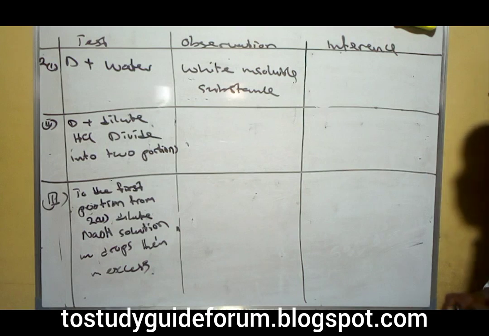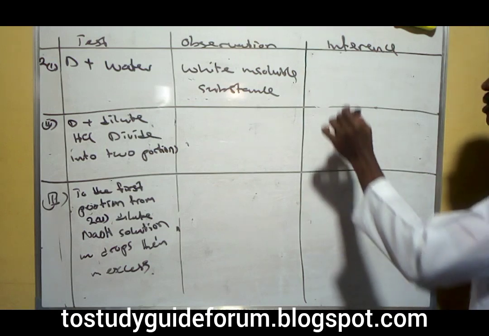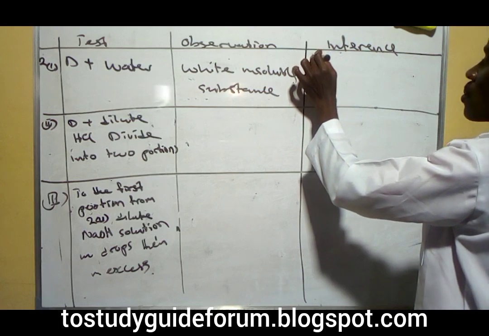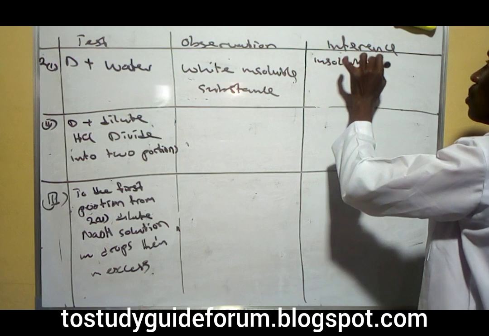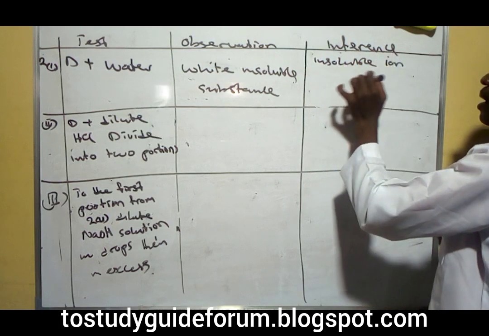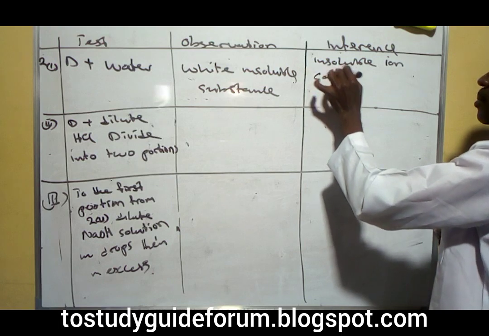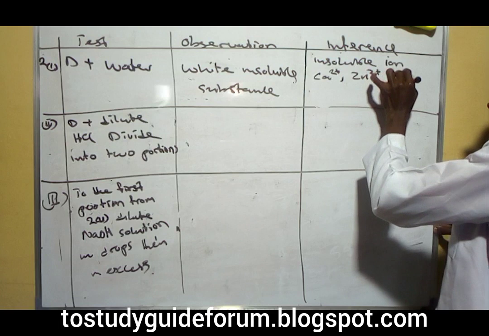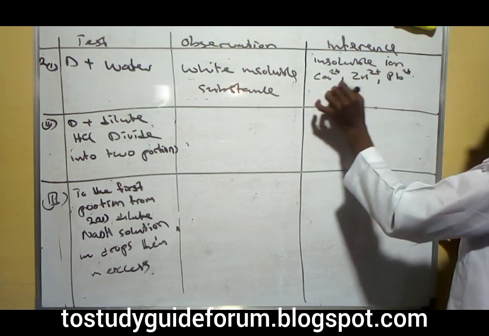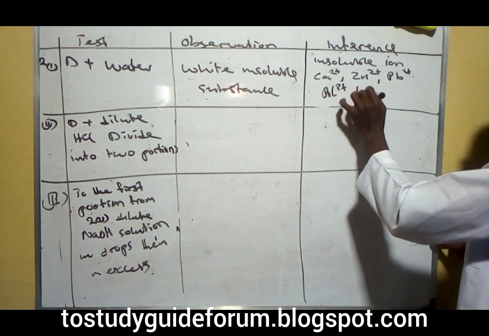That means our inference here is that insoluble ions of calcium, zinc, lead, aluminium are likely present.